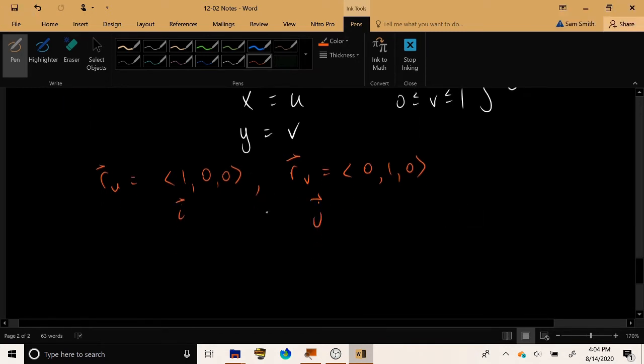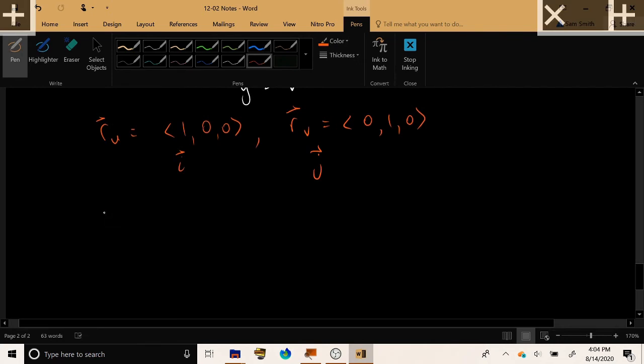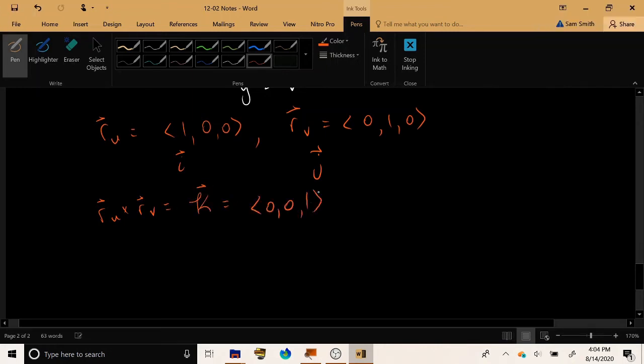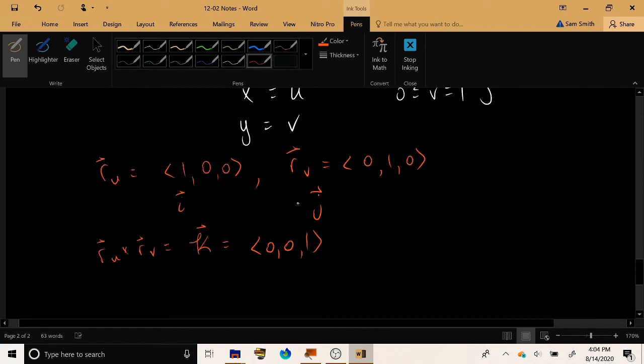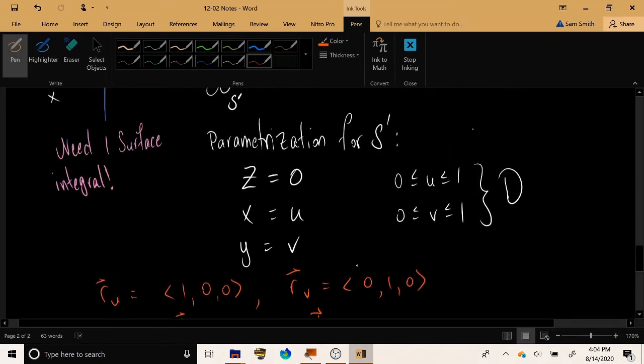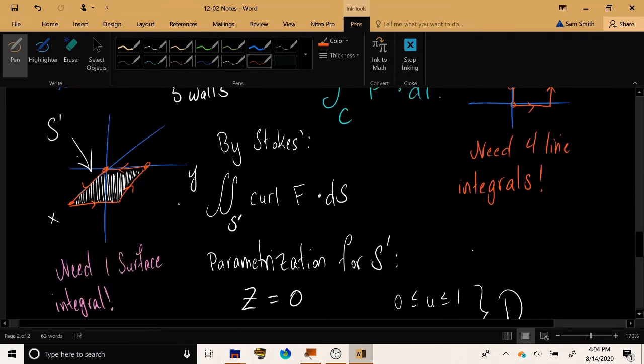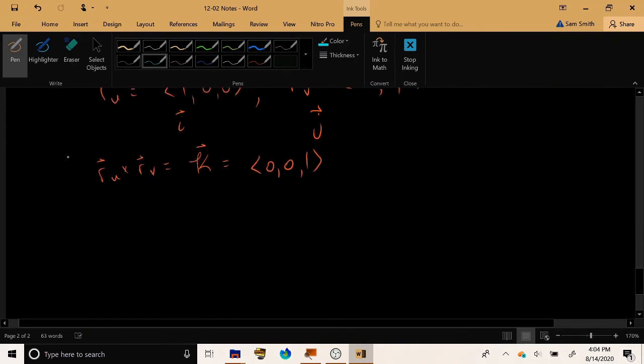And the cross product of i and j is always equal to the vector k, or 0, 0, 1. Now let's make sure that the orientation here, this normal vector, matches the orientation of our boundary curve. If we go around the boundary curve and our head is pointing straight up, then yes indeed the surface will be on our left side as we do that. So this is the correct orientation.